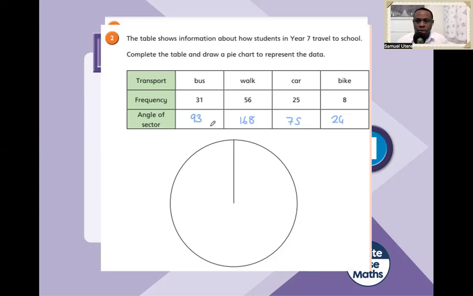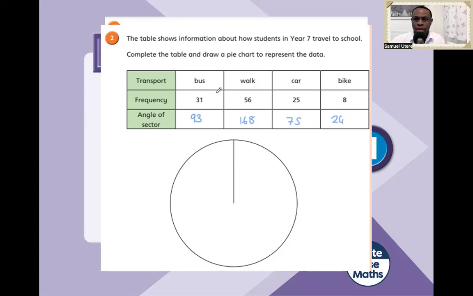So let's review quickly what you have to do. Step 1, it's important: you have to know your total data. So it's going to be 31, add 56, add 25, add 8.